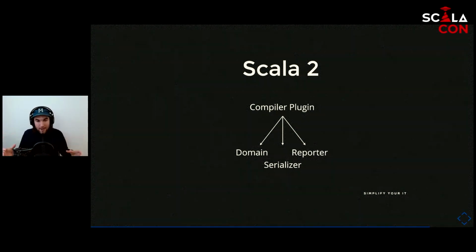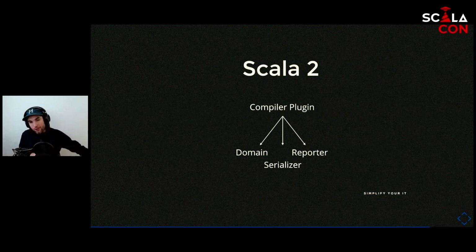So we have this compiler plugin, and we had to strip out the domain because we want to be able to share as much as possible these domain classes, because whether it was Scala 2 being written to disk or Scala 3 coverage being written to disk, when we read it up, we want some type of shared format that both can share. The serializer, I say serializer, but really the part that we can share is the deserialization part, where we're taking this coverage and the coverage measurements and deserializing them into our domain classes.